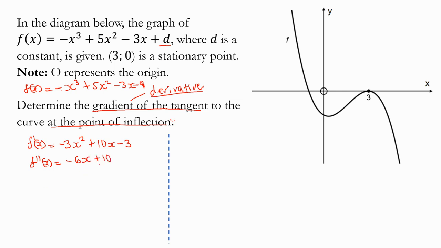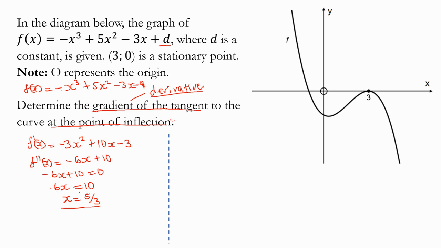At the point of inflection, this second derivative is equal to 0. So negative 6x plus 10 is equal to 0, meaning negative 6x is equal to negative 10, or just 6x is equal to 10. Then we divide by 6 on both sides. We get that x is equal to 5 over 3. 10 over 6 reduces to 5 over 3.